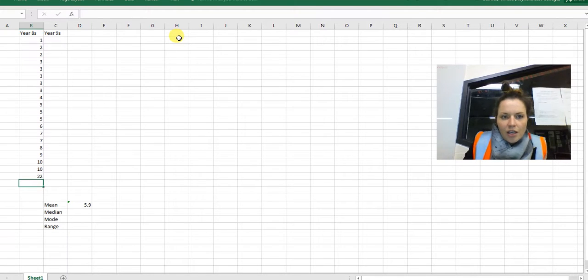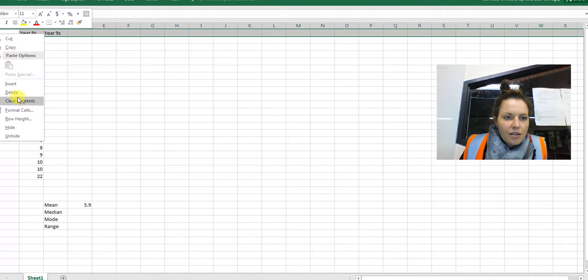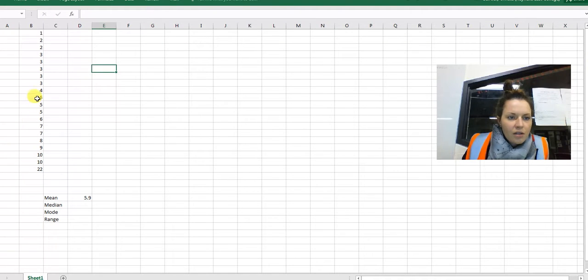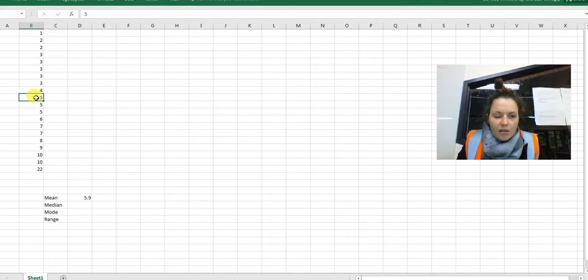So what you're going to have to do is go to your middle number. For this one, actually, I'm just going to move that for a second, because that kind of makes it confusing. Cool, so 10 and 11. In this scenario, the median is going to be 5, because that's the middle number there.